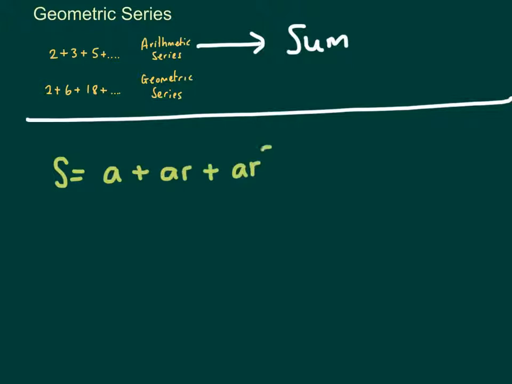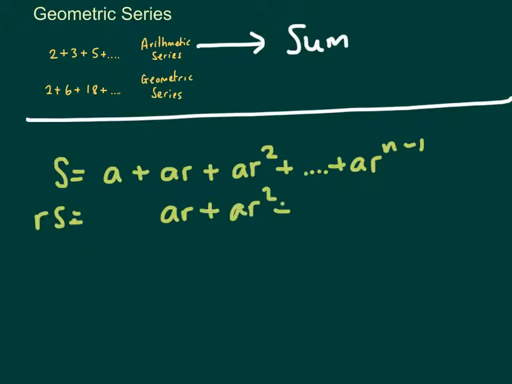So the sum is going to be a plus ar plus ar squared plus ar cubed and so on, until you get to ar to the power n minus 1, the nth term. Now, what we did in arithmetic series was reverse the sum and then subtract them. But with a geometric series, to eliminate all those terms in the middle that we don't know how many there are, we are going to multiply our sequence by r.